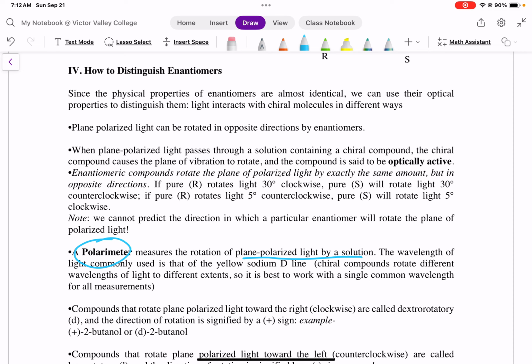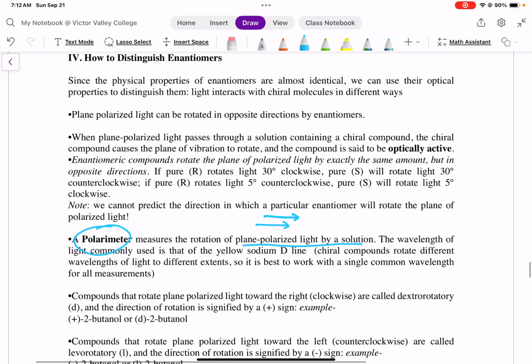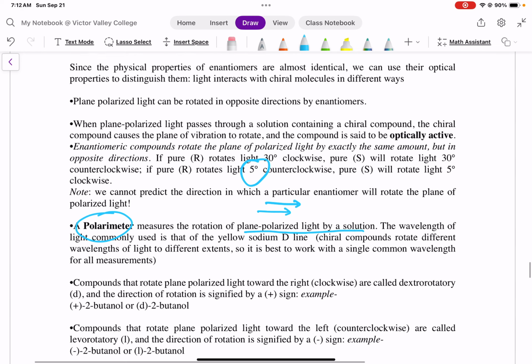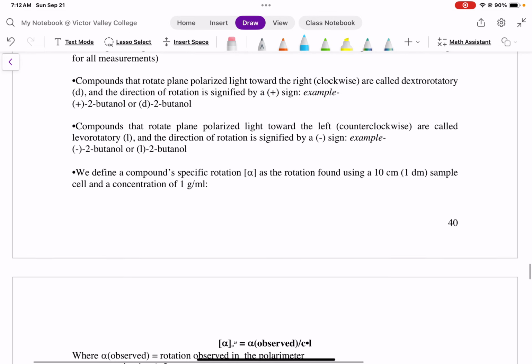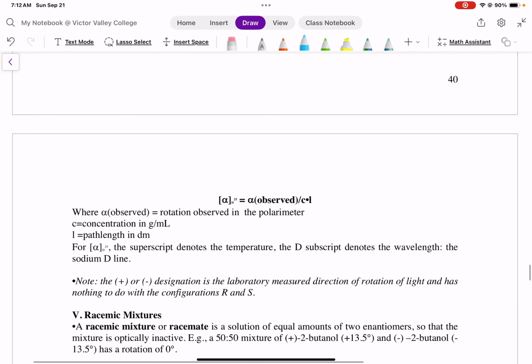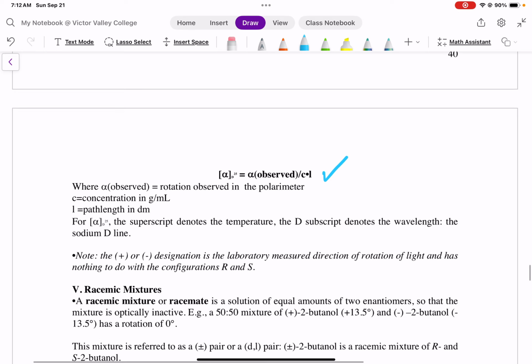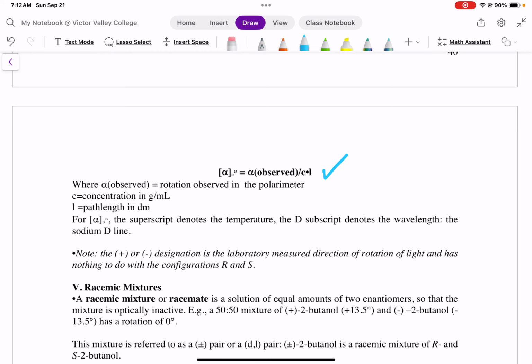That's light that goes in this one direction. So what happens is the molecule actually will turn the light a degree, like rotate the light 5 degrees, 30 degrees, whatever, depending on the compound and the concentration. Okay, so if you make a solution, to make it simple, you can observe the angle and then you can calculate the rotation. Okay, but no, we're not going to get into that.